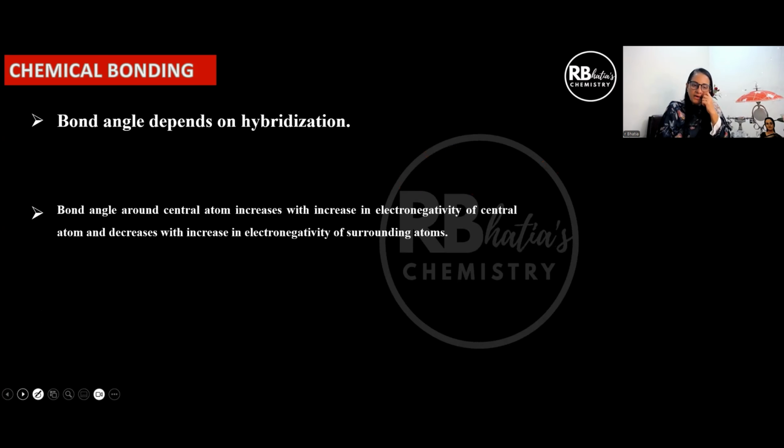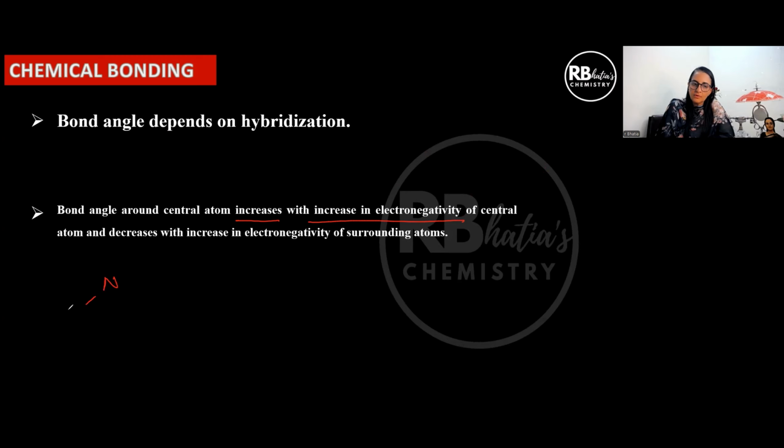Bond angle depends on hybridization, and for the same hybrid state, bond angle also depends upon electronegativity. Just remember, bond angle around the central atom increases with an increase in electronegativity of the central atom. What does it mean?